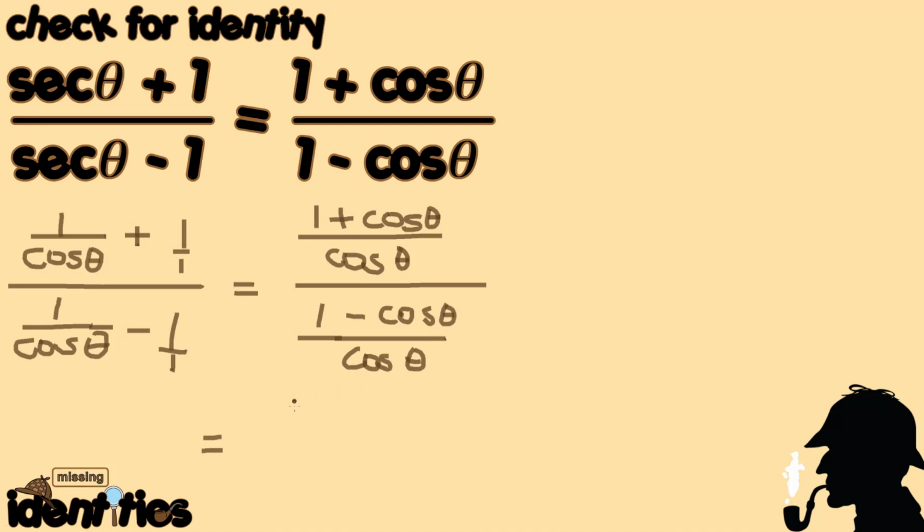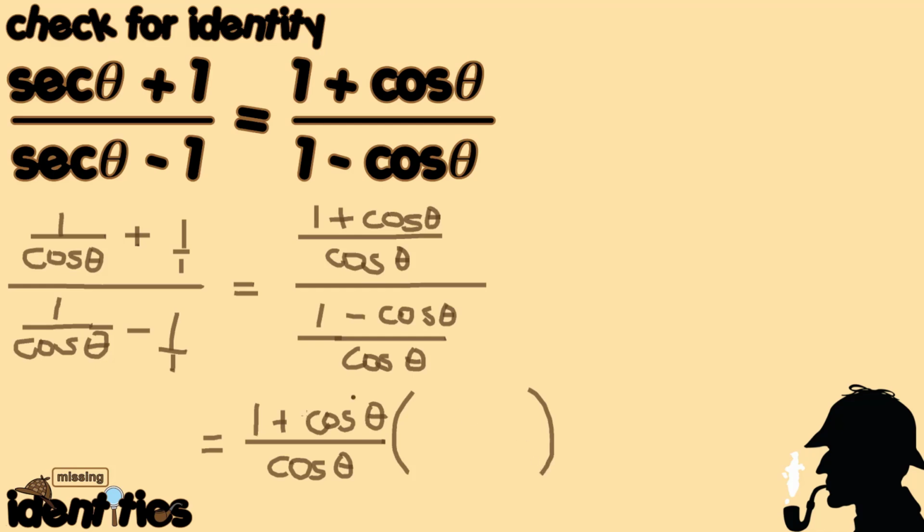Keep means we are going to retain our numerator, or our dividend. So we'll have 1 plus cosine theta over cosine theta. We just kept our dividend, or again, our rational expression found in our numerator. Instead of division, we'll be changing the operation to multiplication.